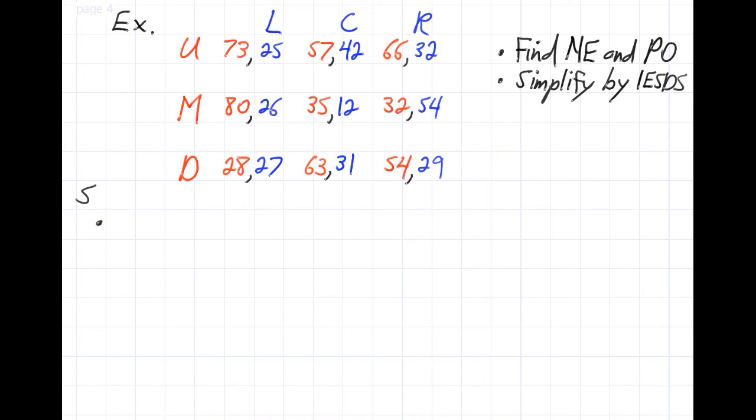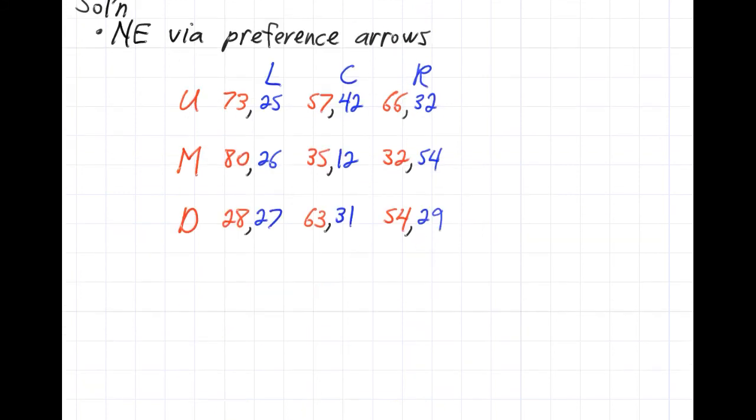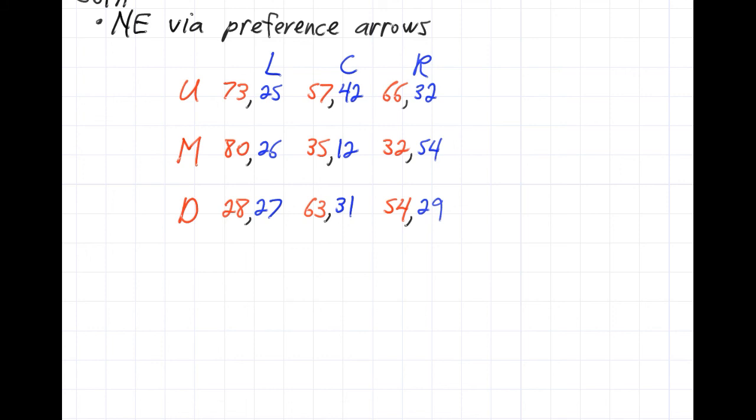Let's say we want to find the solutions. The Nash equilibria, let's use our method of looking at preference arrows. So I'm just going to copy this matrix to work with it. And let's fill in our preference arrows. Looking at the row player, they would prefer 80 versus 73 and 80 over 28.